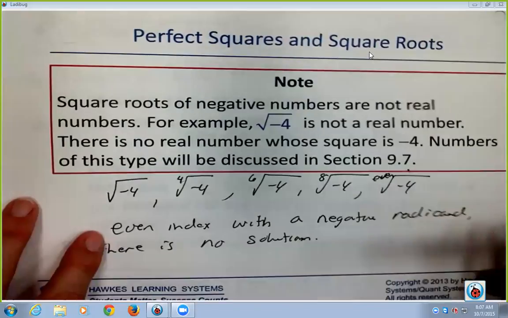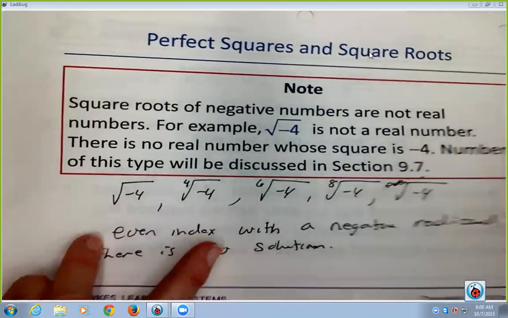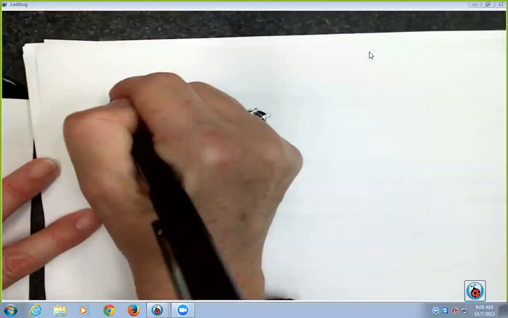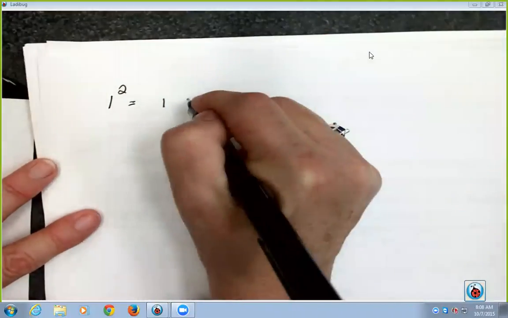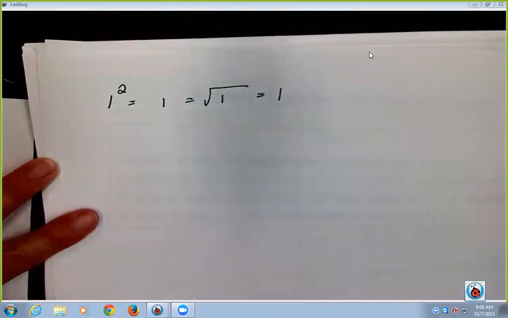Before I move on, let me get a blank sheet of paper here. What are the perfect square roots? So if we're going to look at square roots, what are the perfect square roots? Well, 1 squared is 1. The square root of 1 is of course 1.